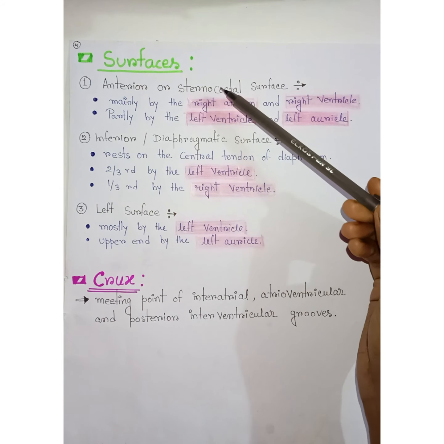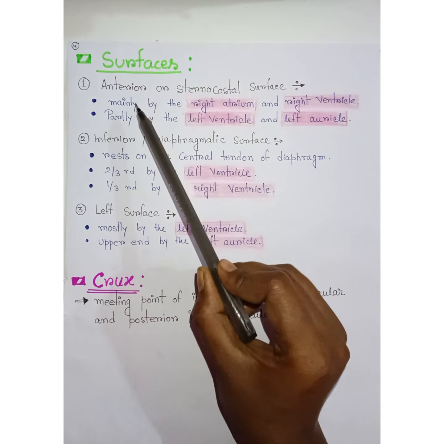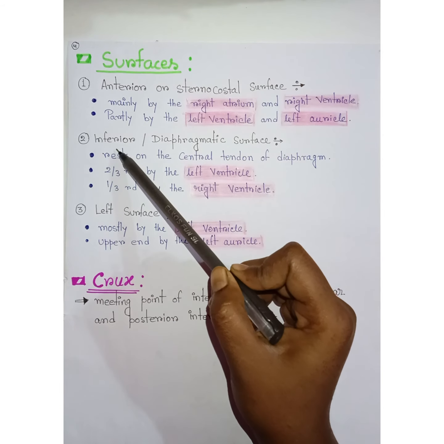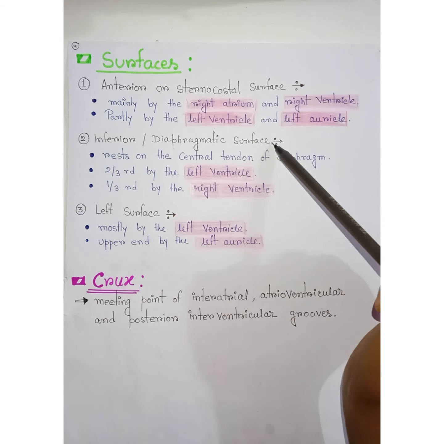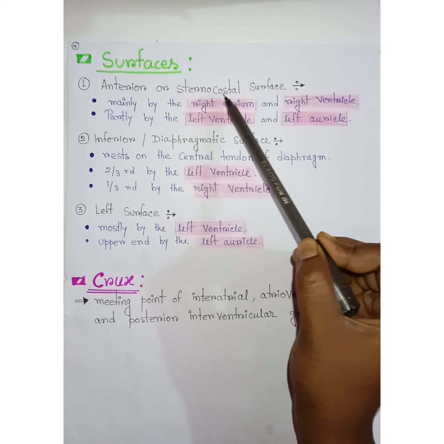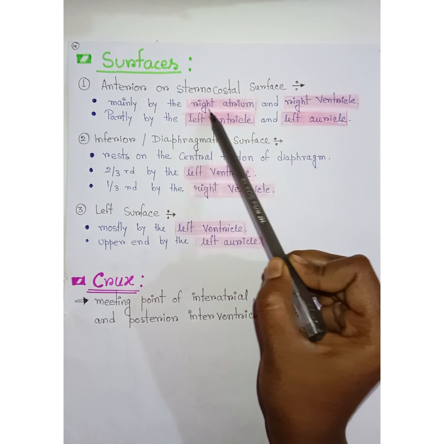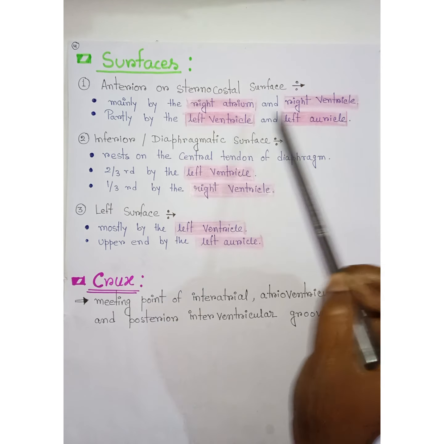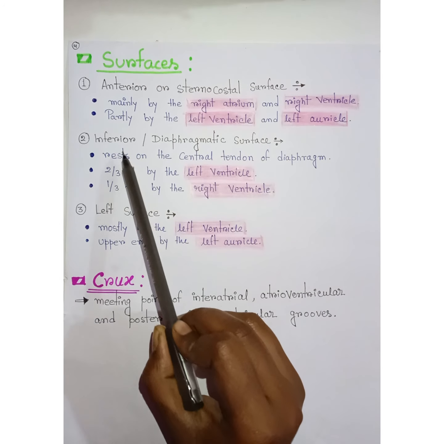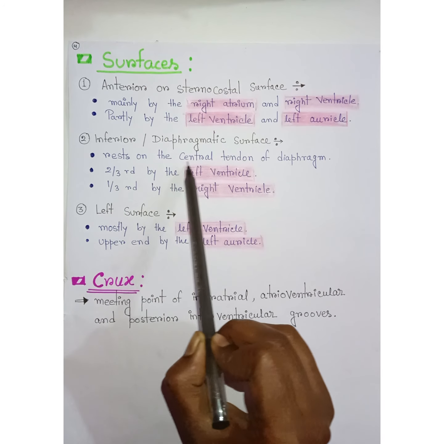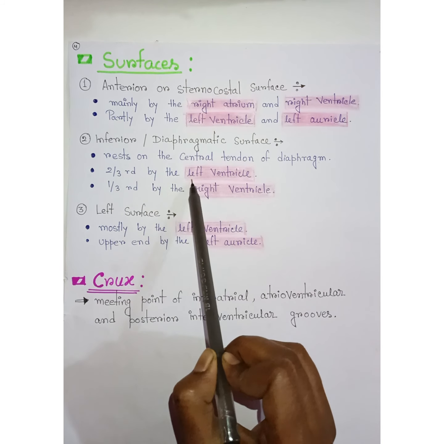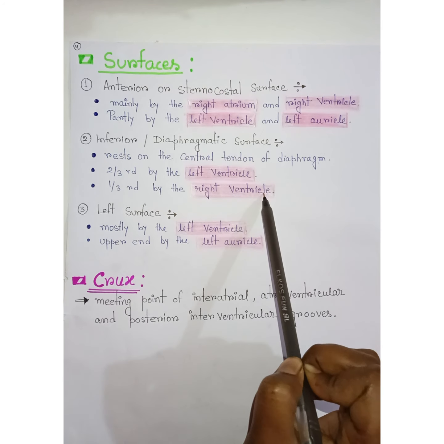Surfaces of the heart. There are three main surfaces. First is the anterior or sternocostal surface, second is the inferior or diaphragmatic surface, and last is the left surface. The anterior surface is formed mainly by the right atrium and right ventricle, partly by the left ventricle and left auricle. The inferior or diaphragmatic surface rests on the central tendon of the diaphragm, two-thirds by the left ventricle and one-third by the right ventricle.